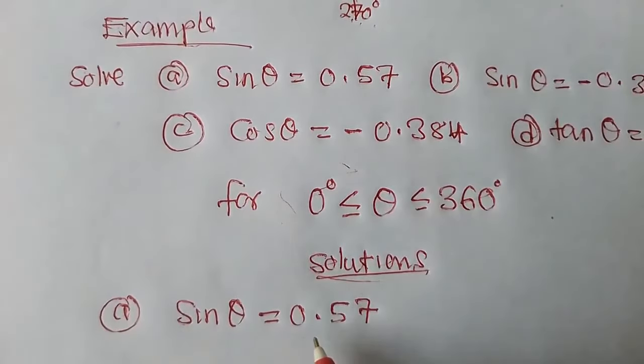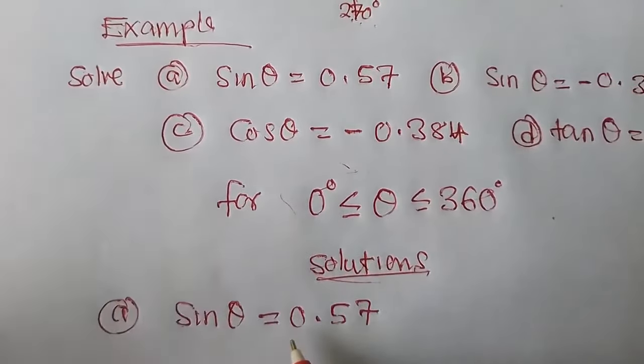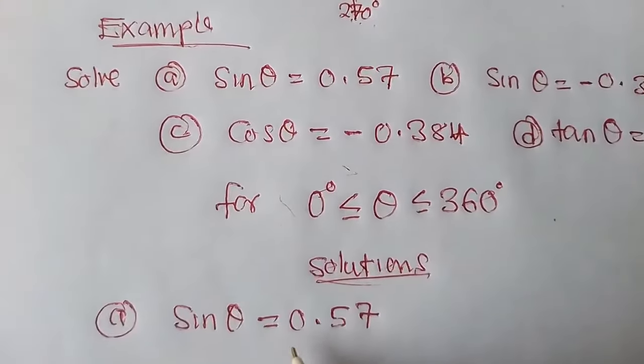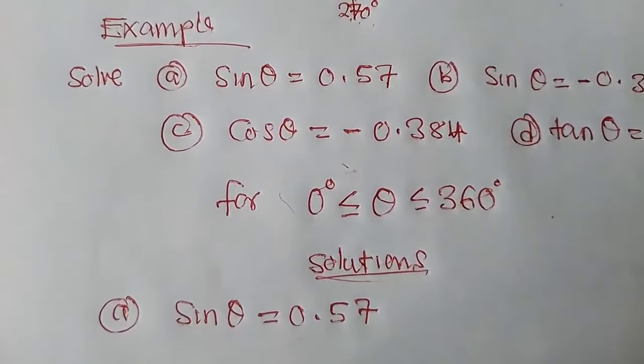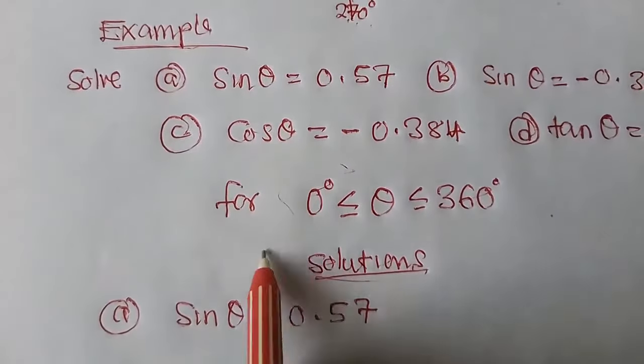So you check, where is sine positive? Sine is only positive in the first quadrant and the second quadrant. So my solutions are lying in the first quadrant and the second quadrant. So you solve for this one.